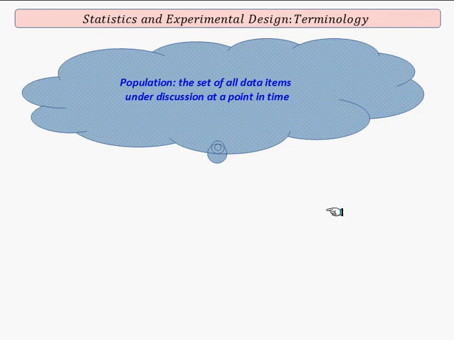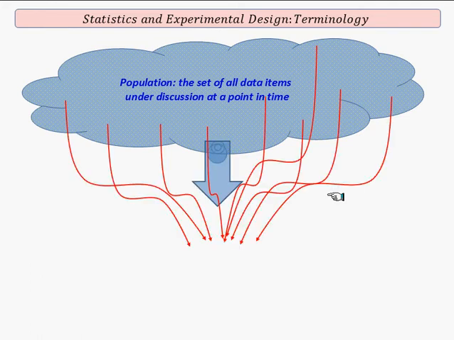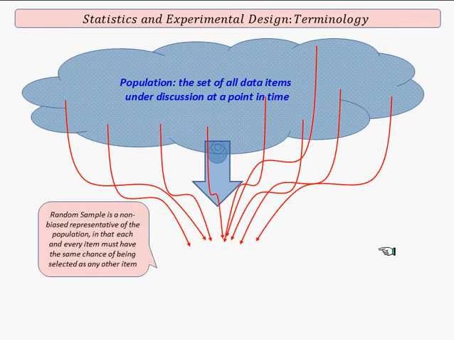Now to terminology. We're going to be talking about a population, and we're going to say that a population is the set of all data items of interest or under discussion at a point in time. And from this population, we're going to take a random sample. It's a non-biased representative of the population. It has to be done in a random fashion.